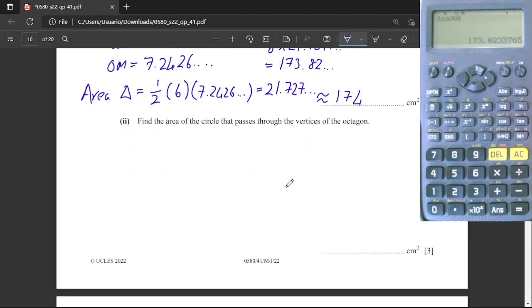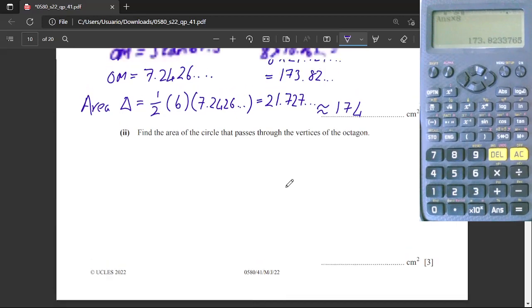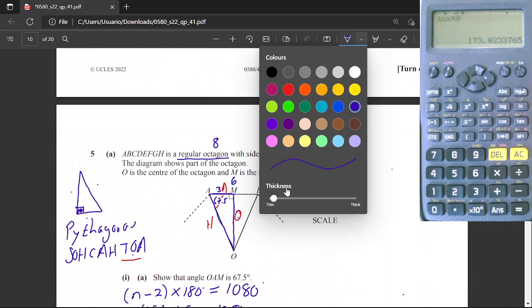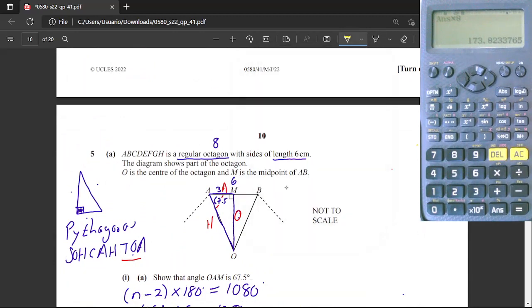Question 5b, part 2. The area of a circle that passes through the vertices of the octagon. Alright, can we imagine what that looks like? It will be like a circle that comes around like this, yeah? Meaning that the radius of the circle would be the hypotenuse of the triangle we had before.